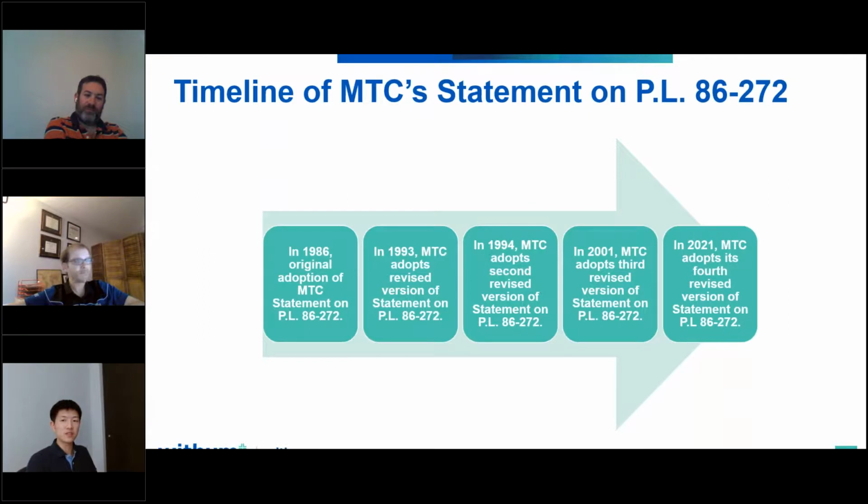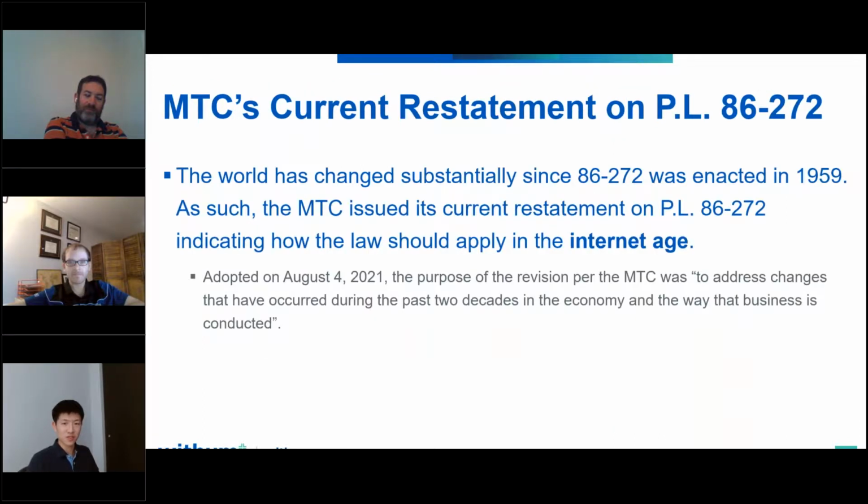Now this 2021 revision takes into account the biggest change in the last 20 years, which I think we all know is bringing us into the internet age because of all the online sales we have. This was adopted on August 4th, and the purpose was to address the changes that occurred in the past two decades to reflect the economy we have now.